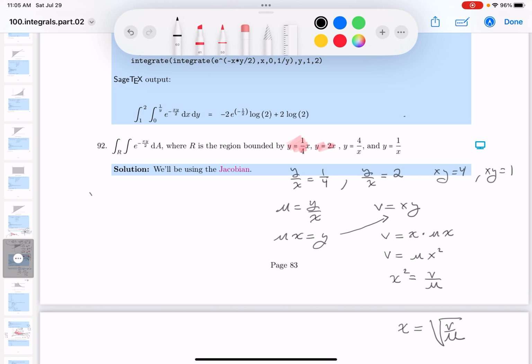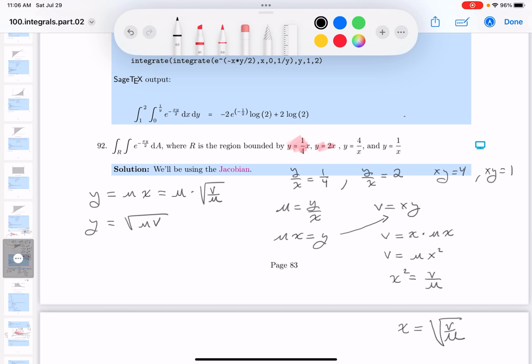So y equals ux, and x is equal to the root of v over u. Well, I think I can do that. y is going to be the root of uv then. All right, this is important information, by the way.